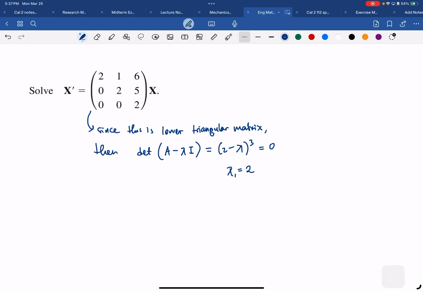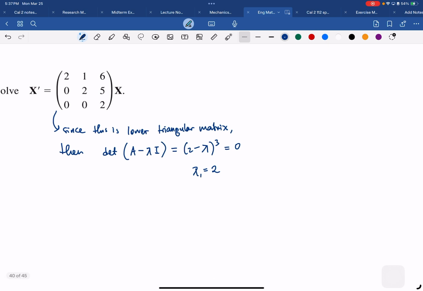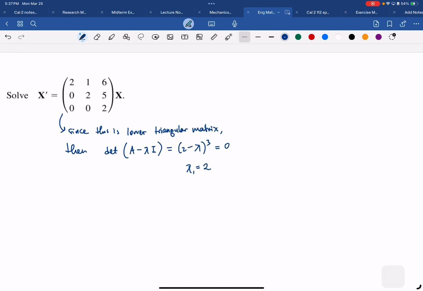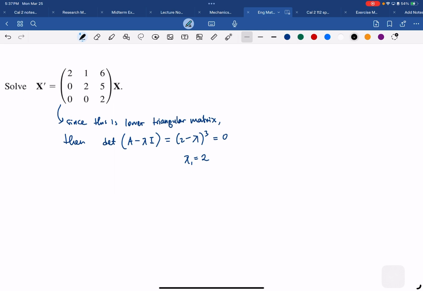Lambda 1. Then taking this into the equations, we take A minus 2I times K, and this will be 0.